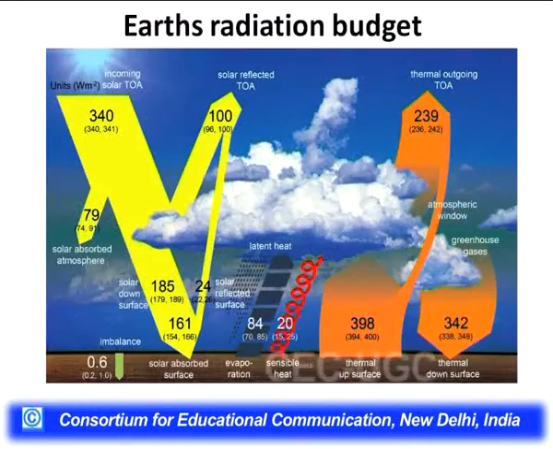Now, here in this particular case, elaborate description is there. You can see here 340 watts per square meter of solar radiation strikes at the top of the atmosphere. Out of that, here the numbers in the bracket, it actually represents the range. Sometimes it is 340 and sometimes it is 341.